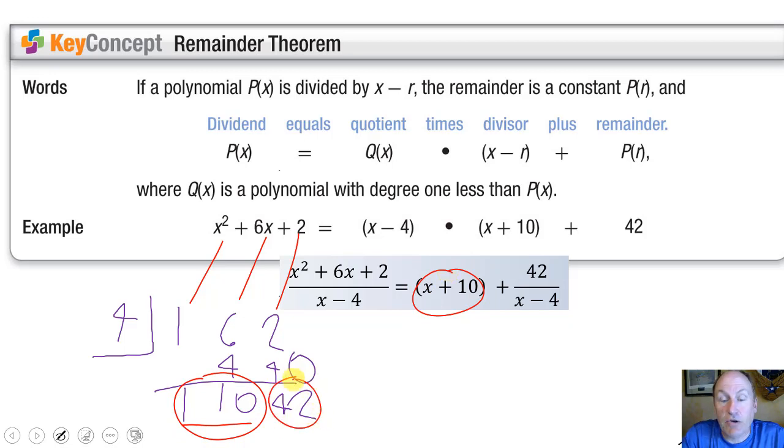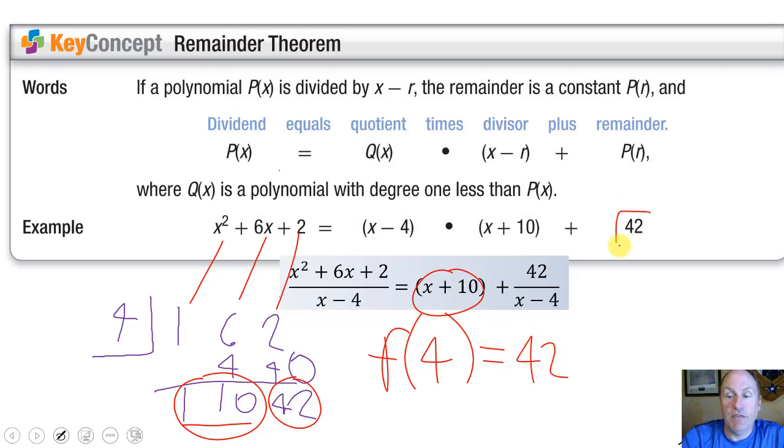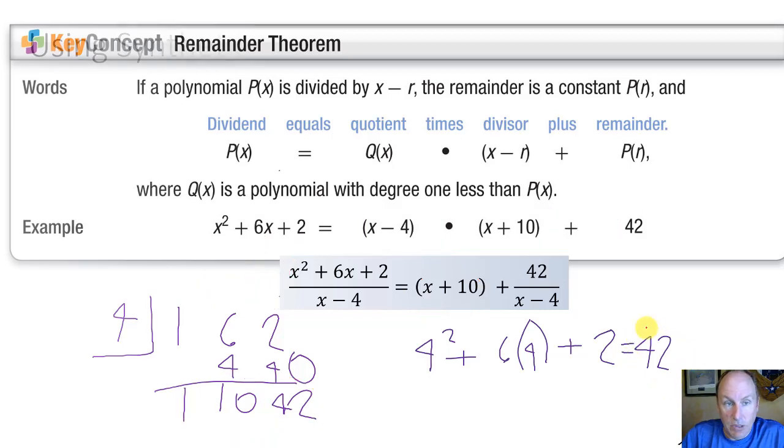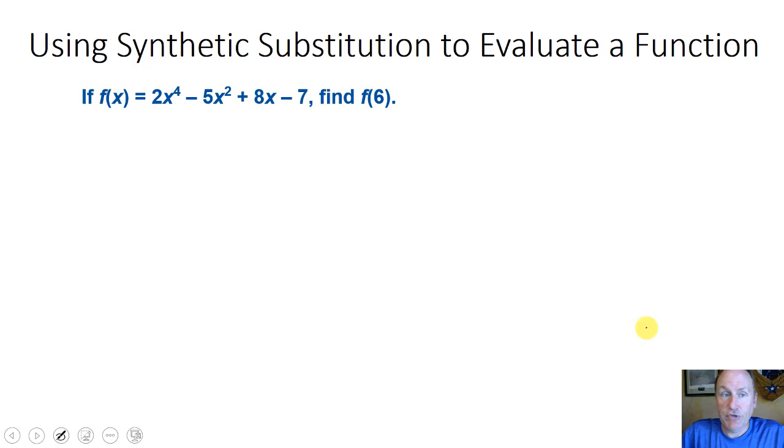What the remainder theorem tells us is that f of 4, this function evaluated at 4, is going to equal 42. I know that because that's what's left over. You can check that by direct substitution as well. If I put 4 into the original function, I get 4 squared plus 6 times 4 plus 2, which is 42. So it checks out.